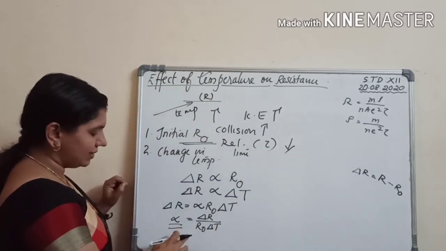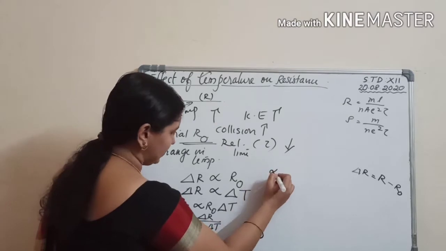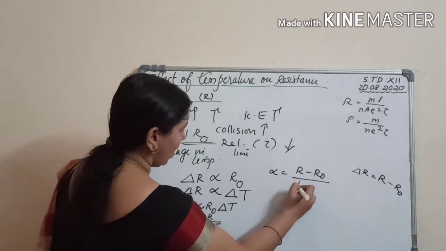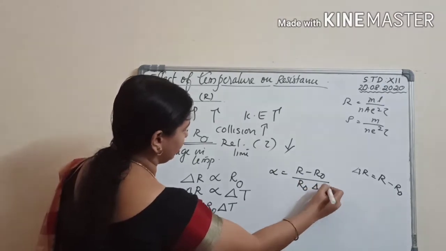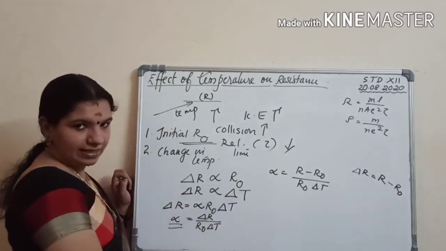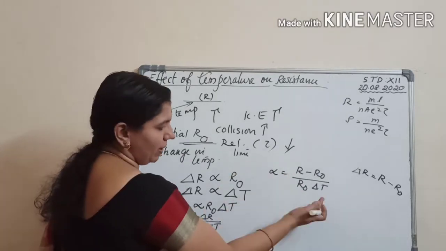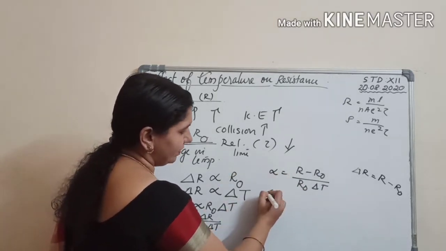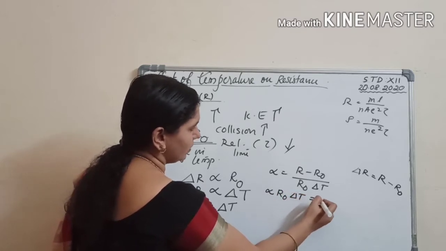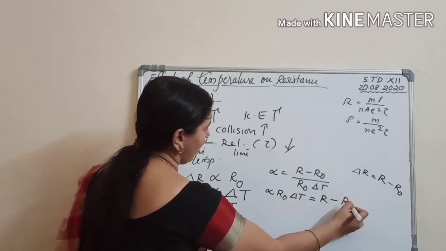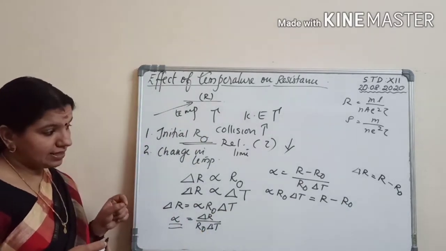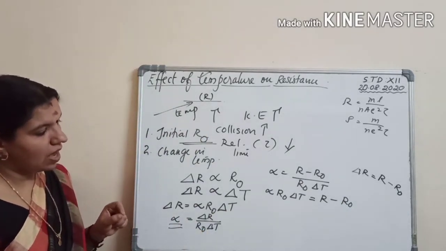So I can rewrite this equation as alpha is equal to R minus R0 divided by R0 delta T. Clear? Now cross multiplying, I get alpha R0 delta T is equal to R minus R0.